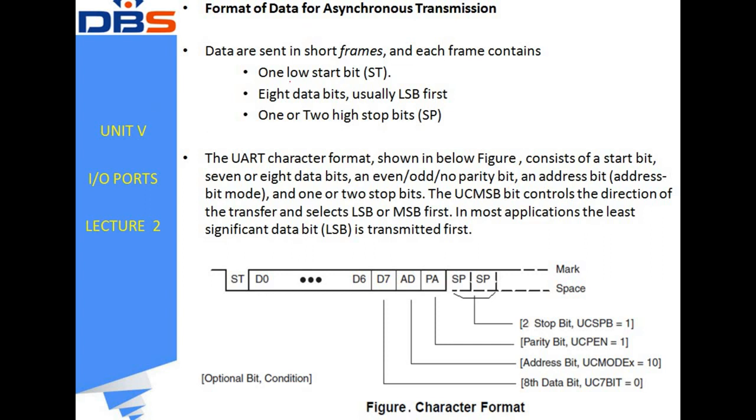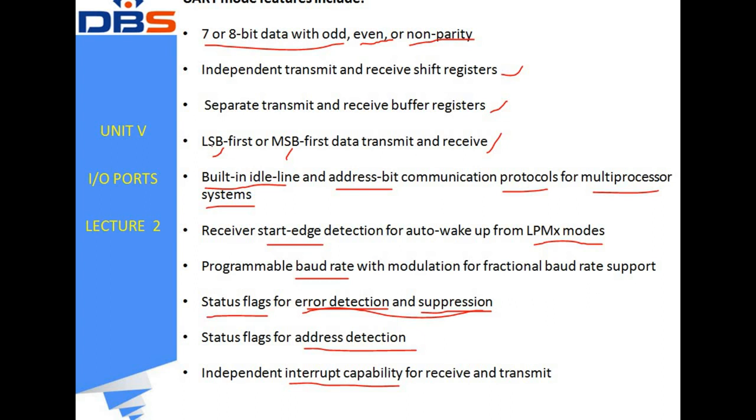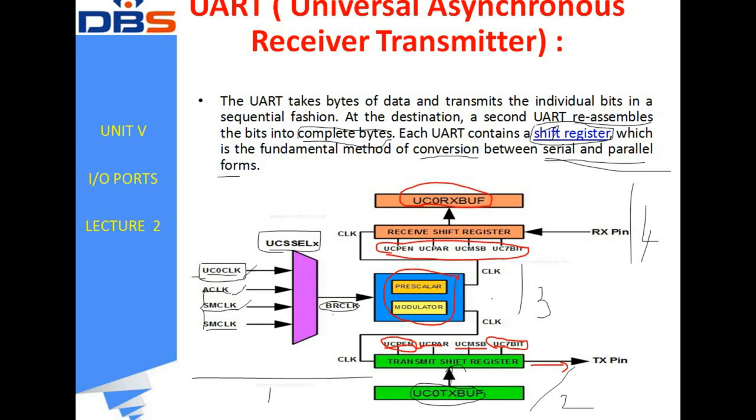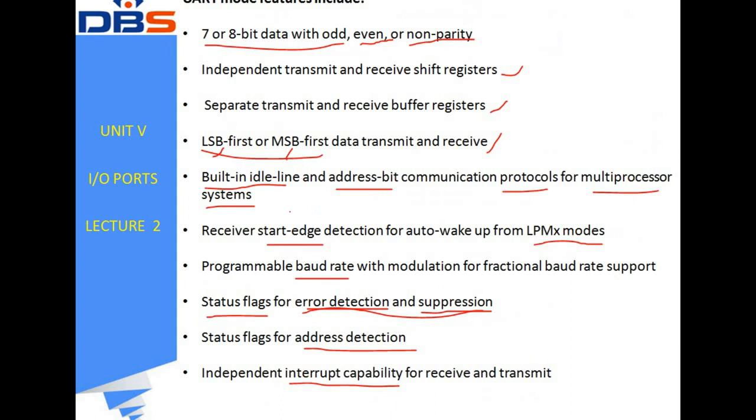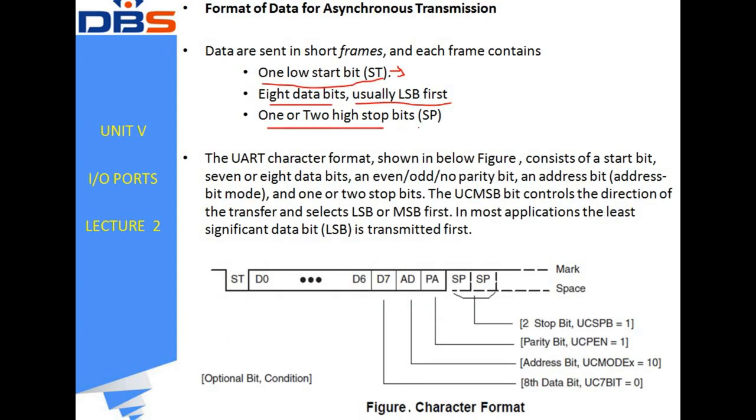See here, one low start bit is compulsory, that means whenever the logic is 0, the start bit will be transmitted. 8 data bits, usually LSB first. Previously we have seen that first LSB or first MSB is based on the pin here, that is UCMSB. Based on this pin, it may be MSB first or LSB first. 1 or 2 high stop bits.